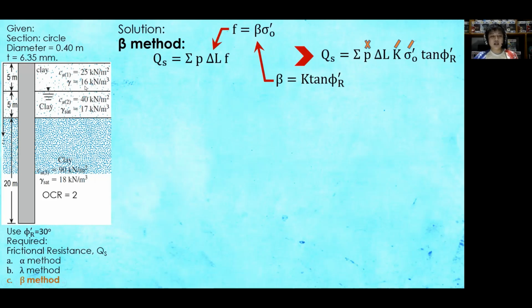So we have 16. We have saturated unit weights, so 17 and 18, due to the presence of groundwater table. Thus, if sigma O prime is not constant, then delta L, or the segment length, must be considered as varying as well.